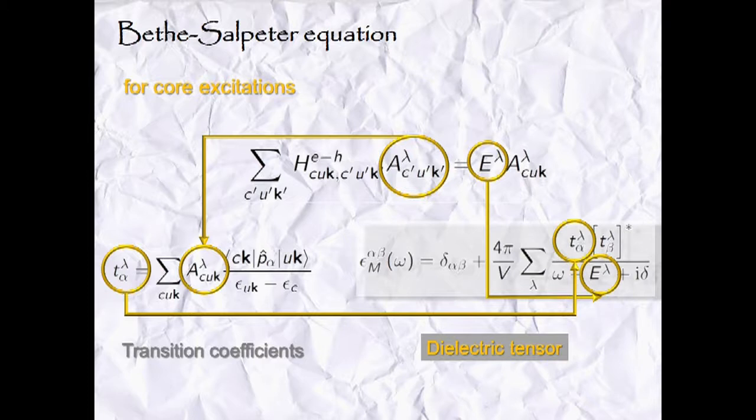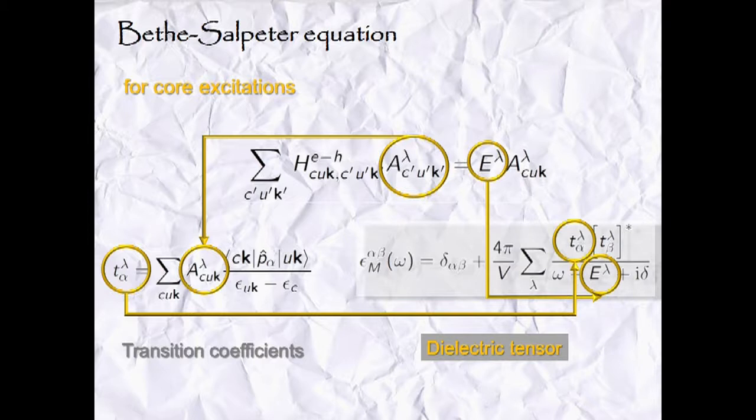So compared to the independent particle picture, if you switch on the Coulomb interaction, you may see some rearrangement of oscillator strengths. More important probably is that if you look at the expression for the dielectric function, there you see the peaks which were produced by the distance before between an occupied and unoccupied band. They would be shifted because now the peak positions are at the two-particle excitation energies.